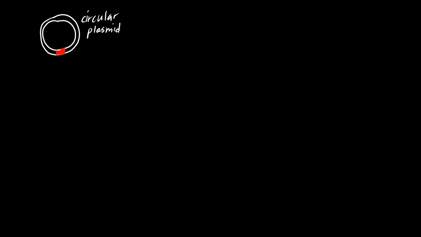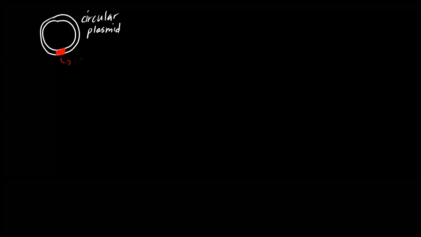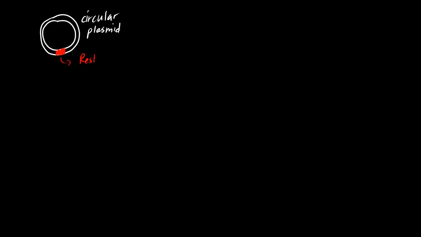And this circular plasmid contains, for example, a restriction site, let's say for EcoR1, the restriction enzyme EcoR1. And this restriction site can be recognized by the enzyme, and the enzyme can cut the plasmid here.